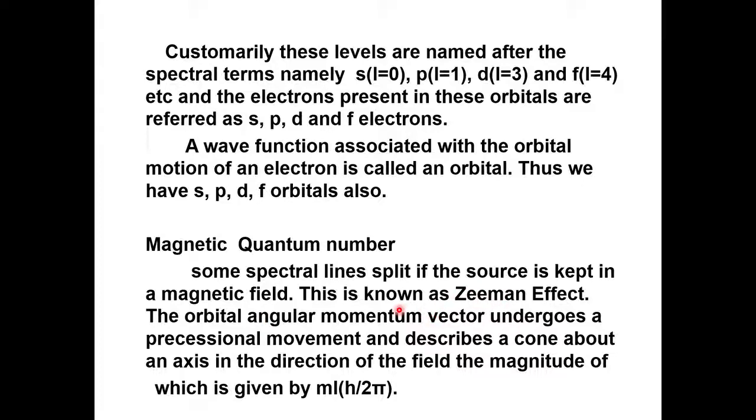Zeeman is the gentleman who discovered this property of electron behavior in a spectrum. We will be talking about the Zeeman effect and atomic absorption later in the course. The orbital angular momentum vector usually undergoes a precessional movement as usual and describes a cone.